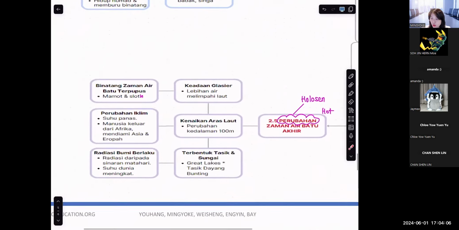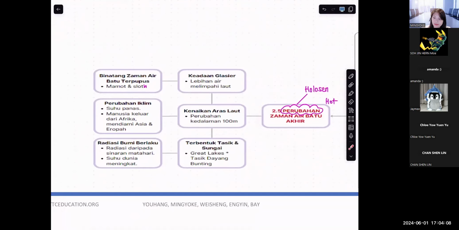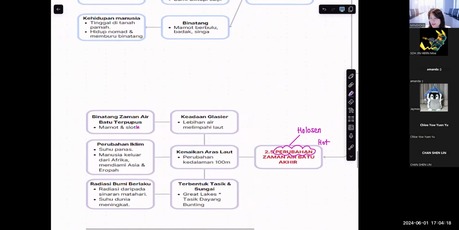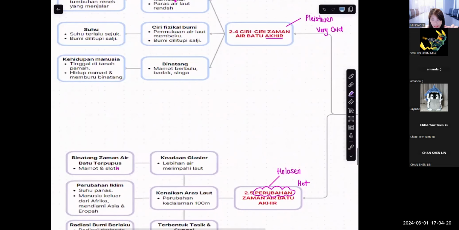But when it comes to the Holocene, guys, the glaciers and ice melted. Seawater level rises. When they talk about changes in the exam, you see properly. When they ask you about zaman air batu akhir, if they say ciri-ciri, it means it's still very cold. If they ask you the changes, then it's melted.